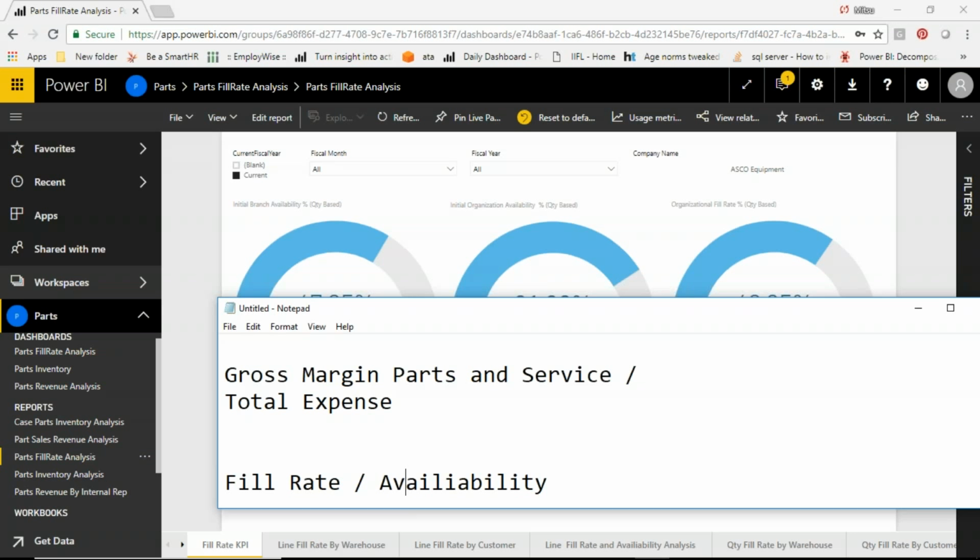When the order came in, initially, what percentage of times did you actually have the quantities that there's a demand for, or that somebody came to you with? How many times you have it as an organization, how many times you don't have it at all. And that's irrespective of how you actually decide to fulfill it.